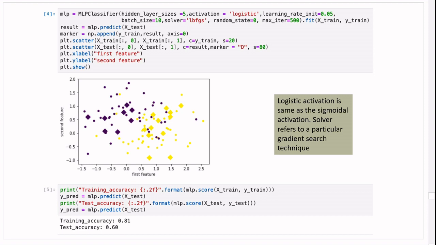All right. So in this case, with the sigmoidal function and specified solver, we are able to get training accuracy of 81% and test accuracy of 60%. Obviously, this is not a linear problem, so that's why we are getting the results that we are getting.